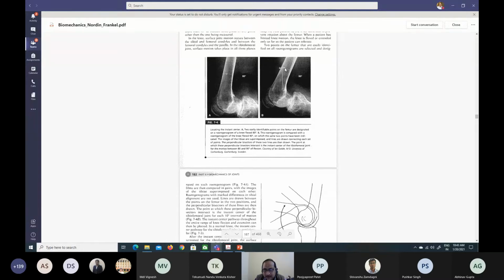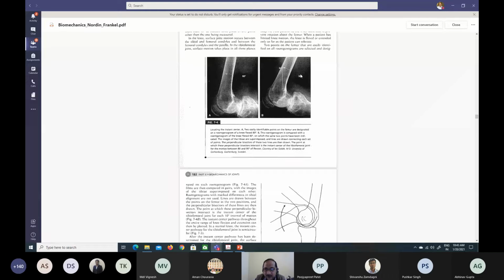Now what we do is join the corresponding sets of points by a line, and then we drop the perpendiculars from these lines joining the 2 points, and the point at which these perpendiculars meet is the instantaneous center of rotation between 80 degrees flexion and 90 degrees flexion. Okay, this 10 degree range.